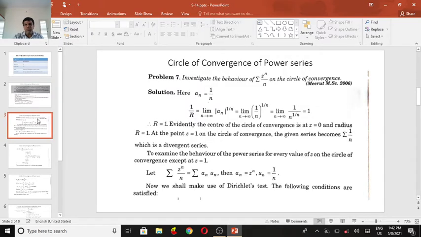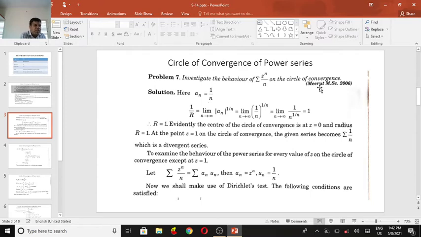In the same way, I am going to prove some problems and theorems here. Investigate the behavior of summation z^n divided by n on the circle of convergence. Suppose we take an equal to 1 by n, then 1 by r is equal to limit n tends to infinity of absolute value of an whole power 1 by n, which is limit n tends to infinity of 1 by n whole power 1 by n.